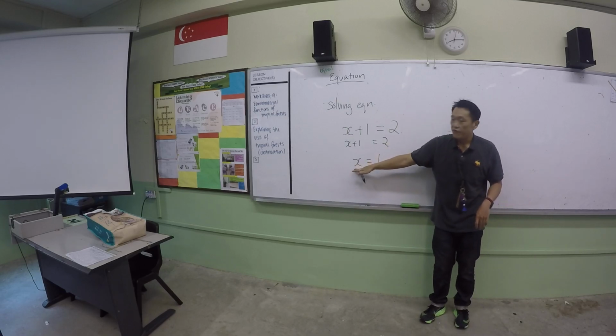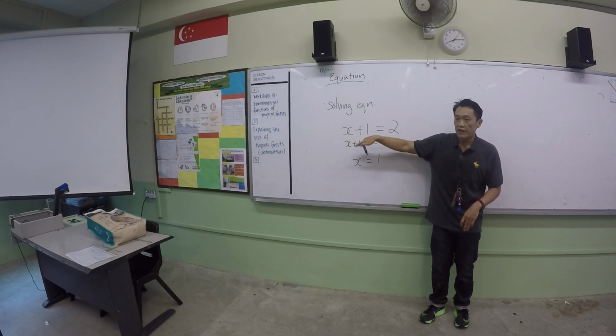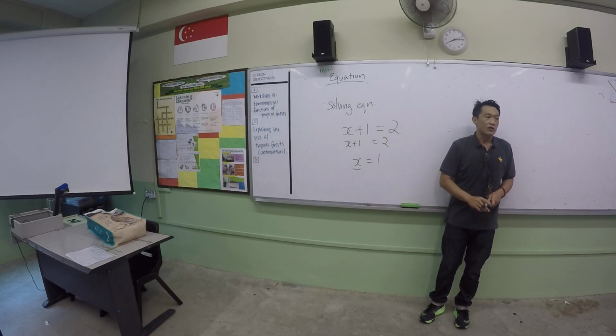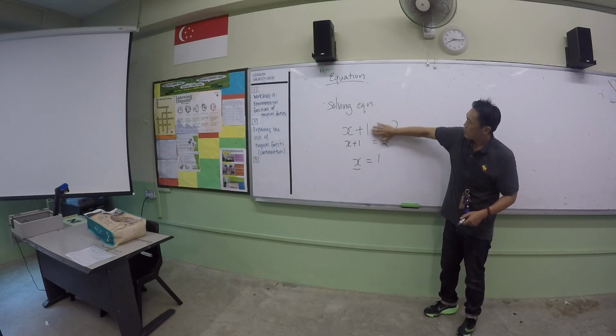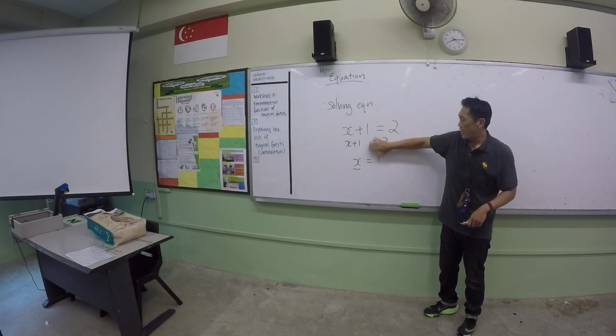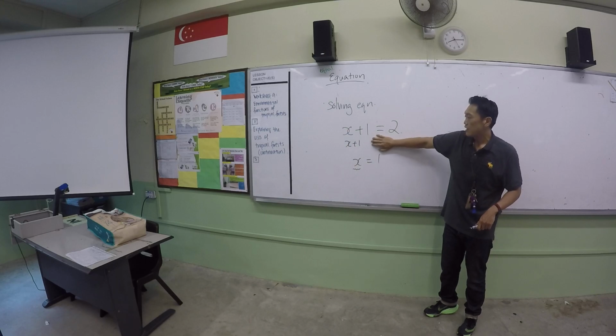So what I'm trying to do is to write equivalent equations until I only have the unknown on one side. Meaning, if I just look at the left, it is now x plus 1. I know that if I can make x the only thing left on the left hand side, I can know what is the value of x.